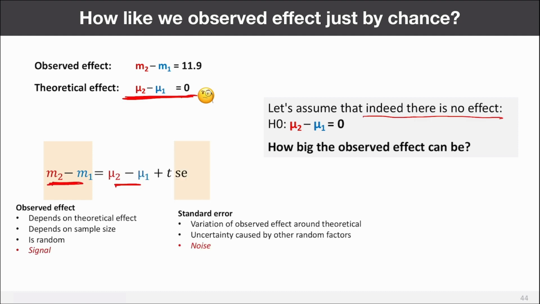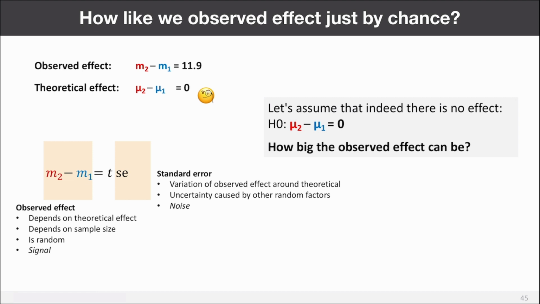If this is 0, if null hypothesis is true, then this can be removed because it's 0, right? In this case, if null hypothesis is true, this is how the expression should look like. So the observed effect can be as big as this given amount of standard errors, t standard errors, where t depends on the distribution, it depends on degree of freedom, and it depends on the confidence level, right?